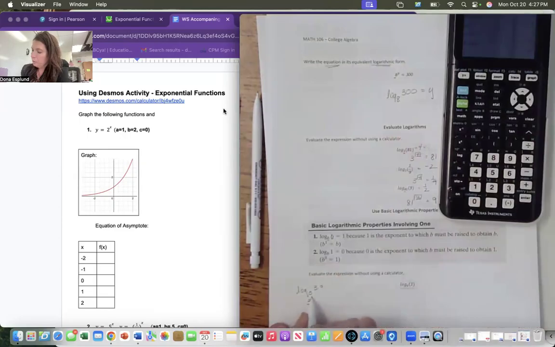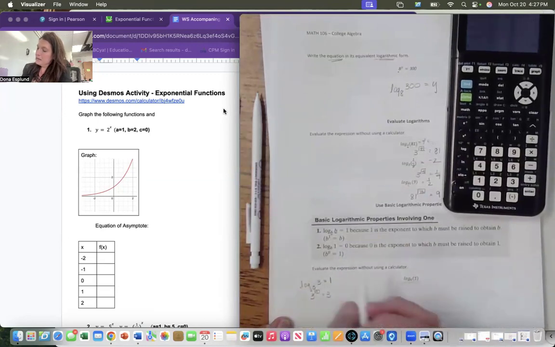I'm saying 3 to what power is going to equal 3? Well, this is going to be 3 to the first, so that means it has to be the value of 1. 3 to the first power has to be equal to 3. And so anytime your base is the same as the number you have, it's always going to equal 1.